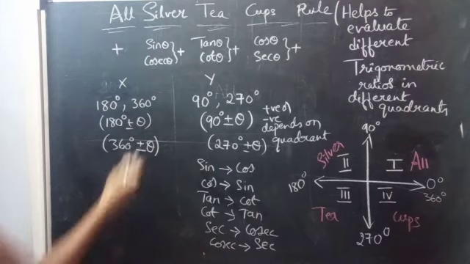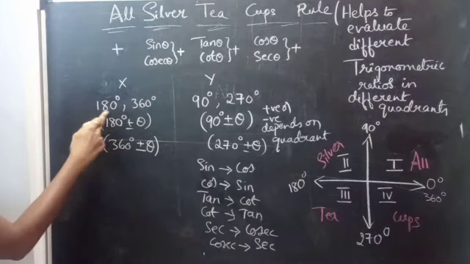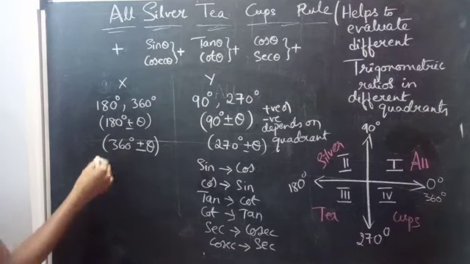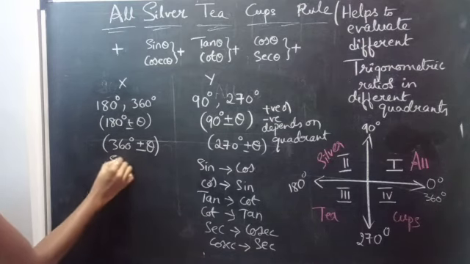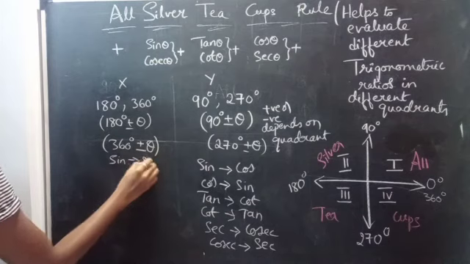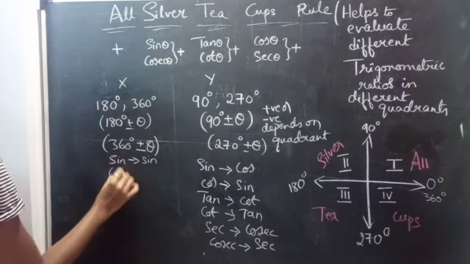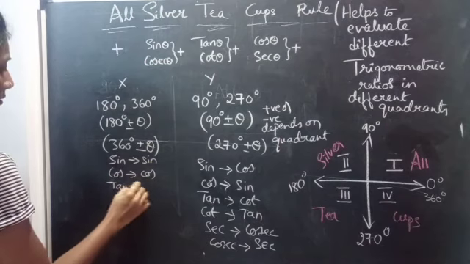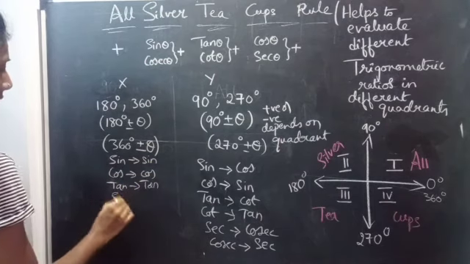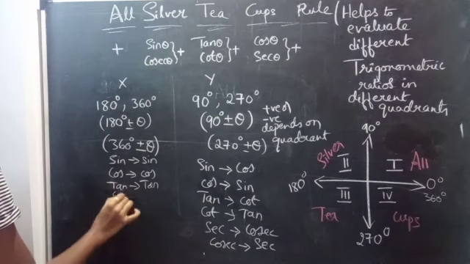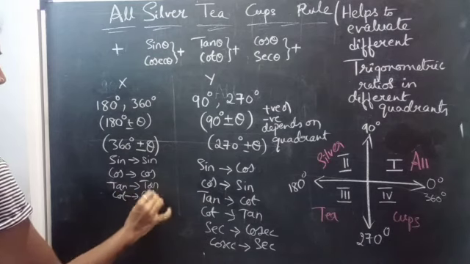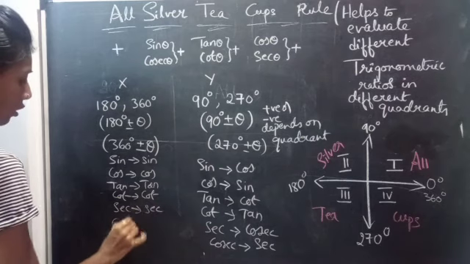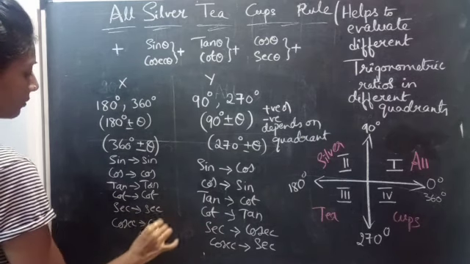Coming to the x-axis, that is 180 degrees, 360 degrees plus or minus theta, the trigonometric functions remain the same: sine to sine, cos to cos, tan to tan, cot to cot, secant to secant, cosecant to cosecant.